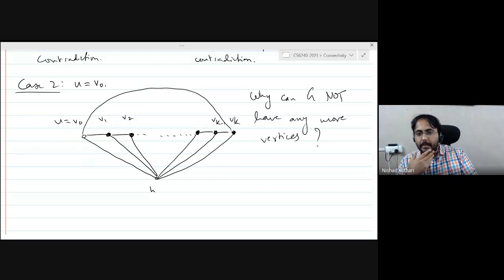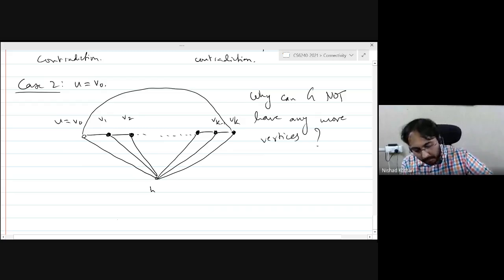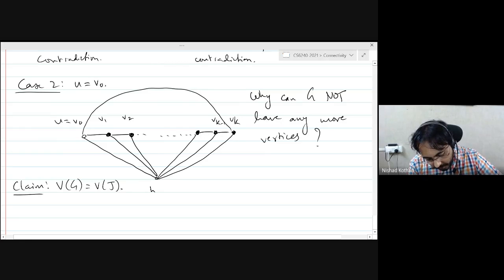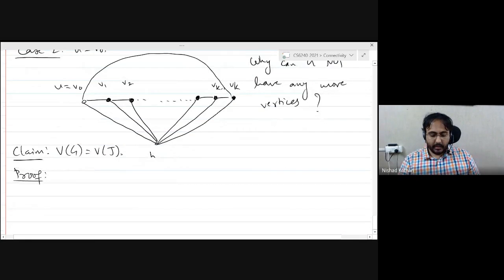Can anyone complete the argument? Supposing there is another vertex out there in the wild that we haven't discovered yet. What is the contradiction in that case? I want somebody to complete this.